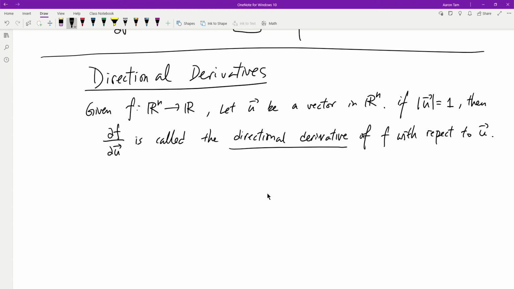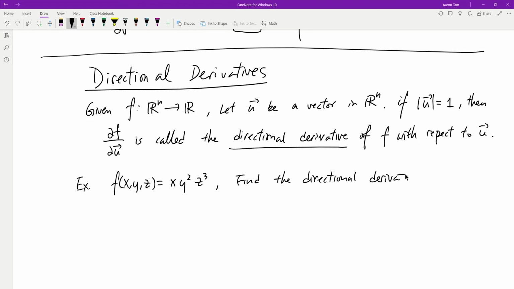Well, let's go and give it a try. Let's say I have this function f of x, y, z is equal to x y squared z to the third. And now I'm going to ask you to find the directional derivative of f in the direction of v.